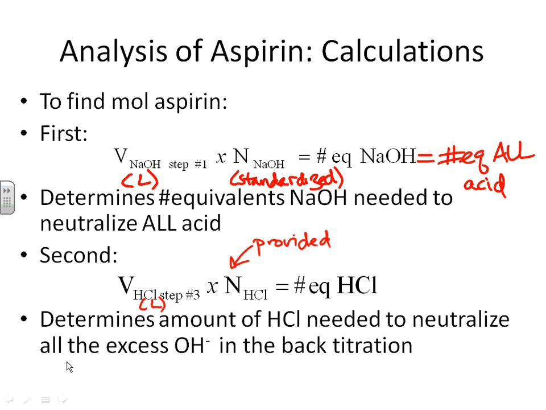The number of equivalents of HCl is equal to the number of equivalents of excess sodium hydroxide. So we have all the sodium hydroxide here, right? This is all. And then we have excess down here.